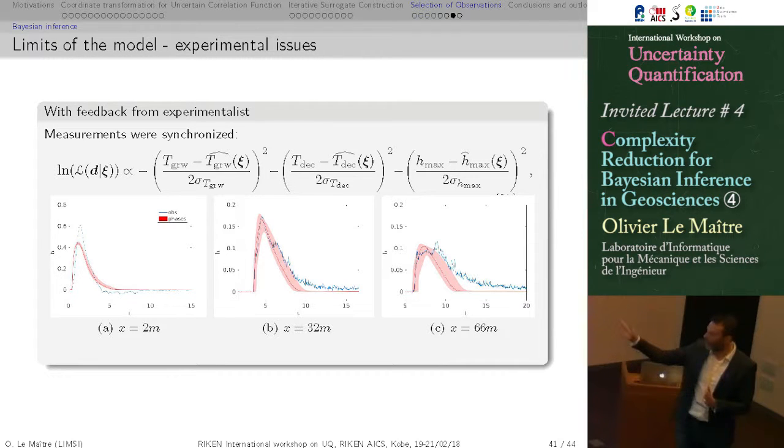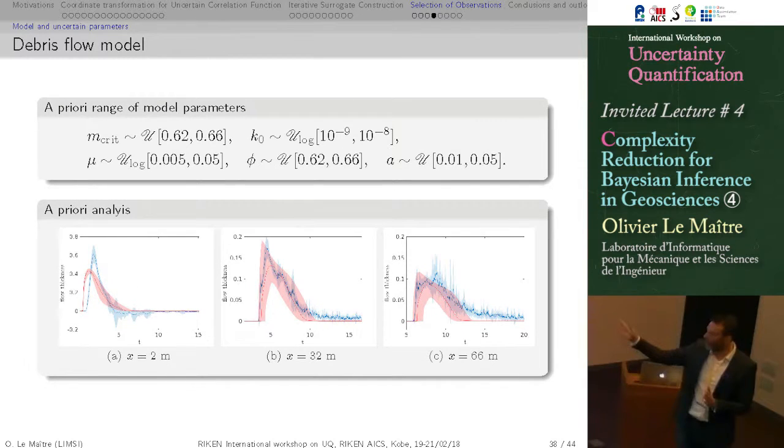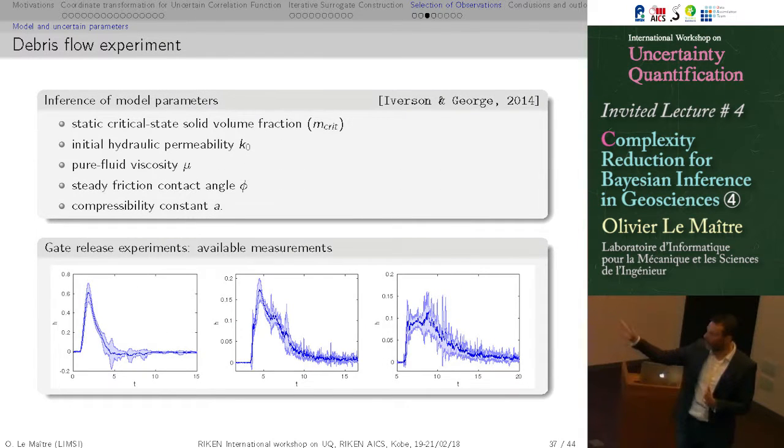And what was an intuition turned out to be right: in fact, what the experimentalists did is that they resynchronized all their signals. So the reason why you have essentially no variability on the arrival time is because they resynchronized all their signals. So working on arrival time or things like that was wrong.